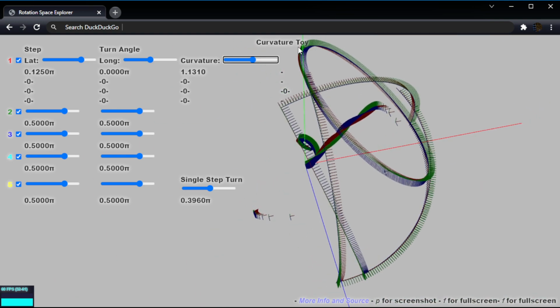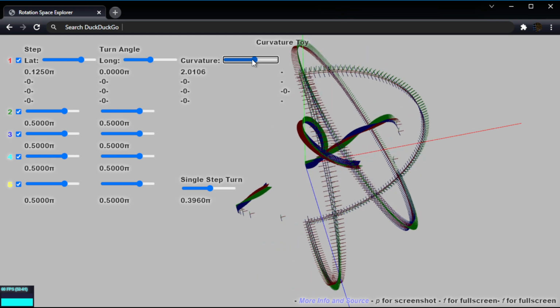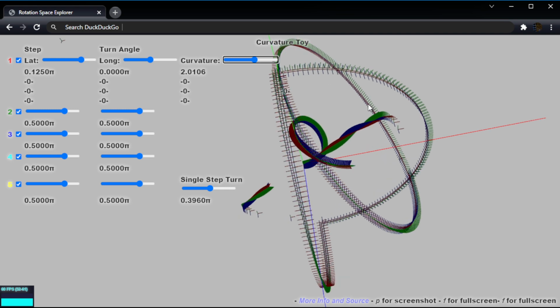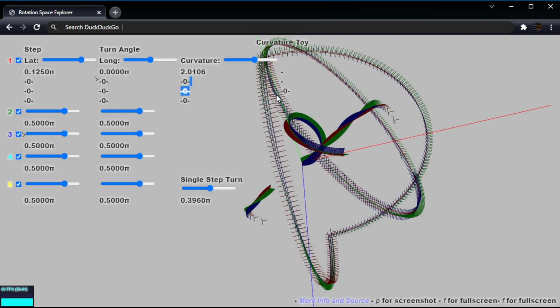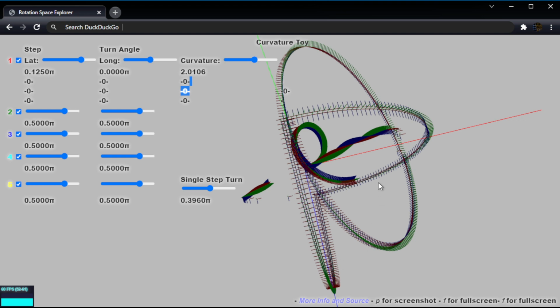So anyway, you can keep increasing the curvature to 2, and then I could get back to the North Pole with a 180-degree turn. So go down 90 degrees, 90 degrees, 90 degrees.